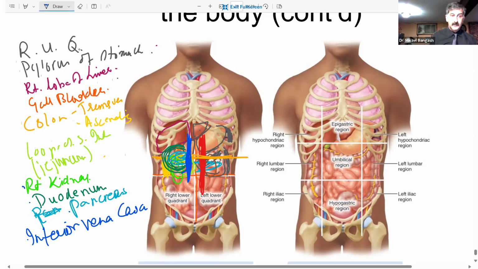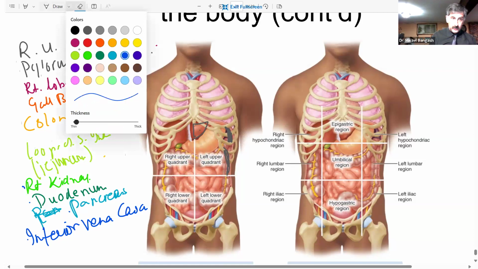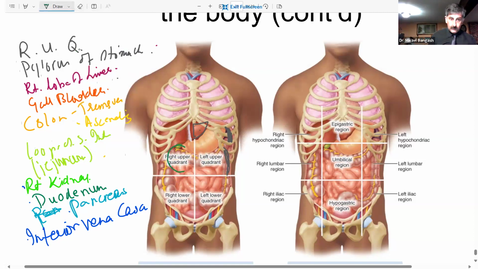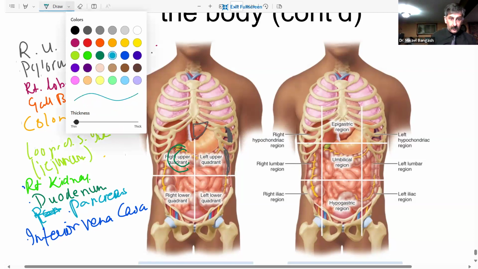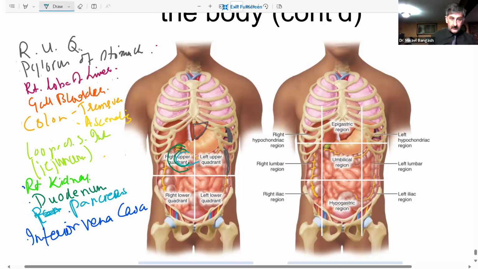But pretty much, straightforward. Anatomically, your duodenum is going to be here. The head of your pancreas is going to be here.